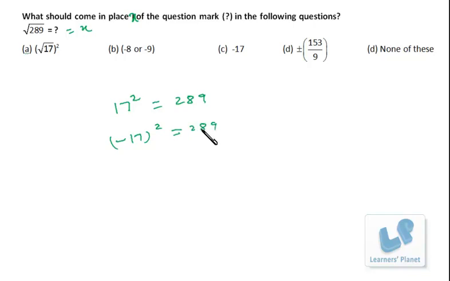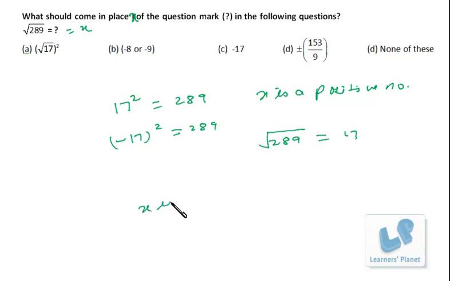So unless we are given clear direction about x, we cannot say whether it is positive 17 or minus 17. Sometimes in the examinations you are told that x is a positive number. Now if x is a positive number, then root 289 will be 17.